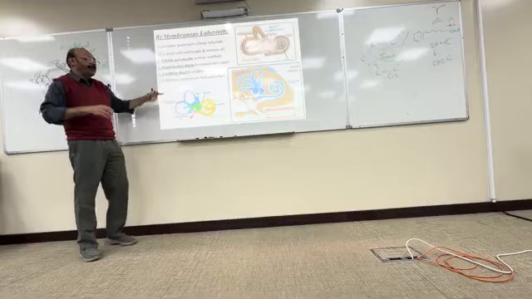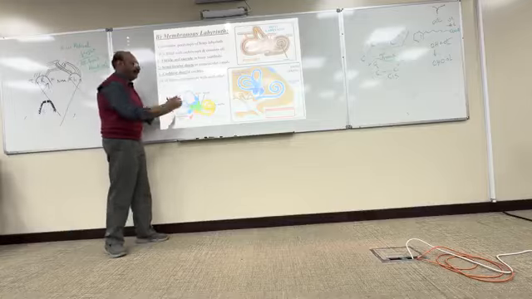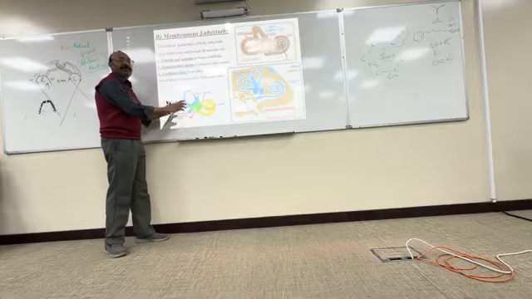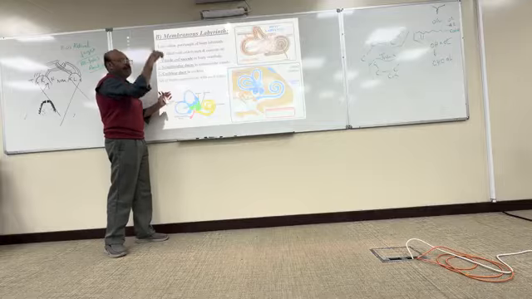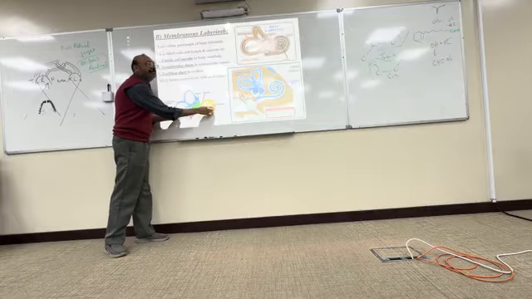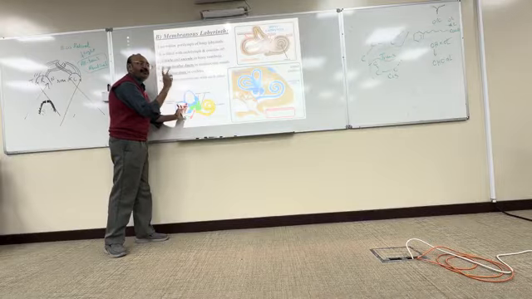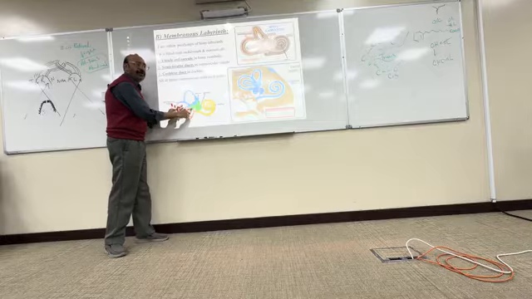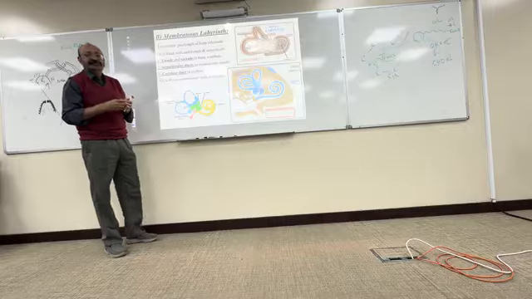In the bony part, we call these the cochlea, vestibule, and three bony canals. In the membranous part, we call this the cochlear duct. The vestibule has two structures, the saccule and utricle, and we call the canals semicircular ducts. Okay.